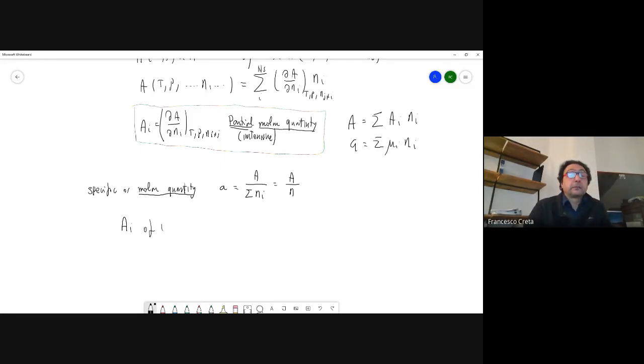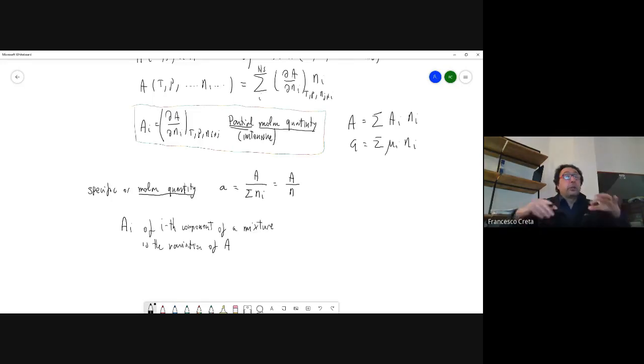So the partial molar quantity Ai of the ith component of a mixture is the variation of the quantity A as a result of the addition of just 1 mole of only species i.